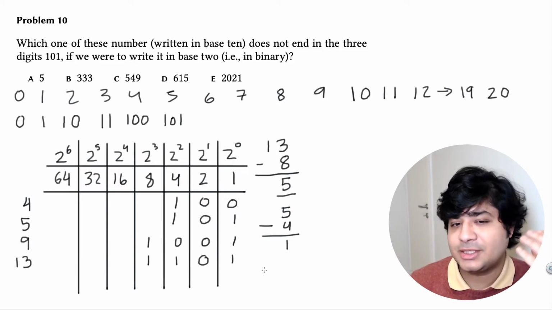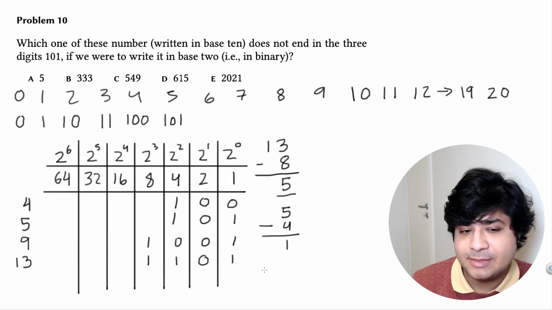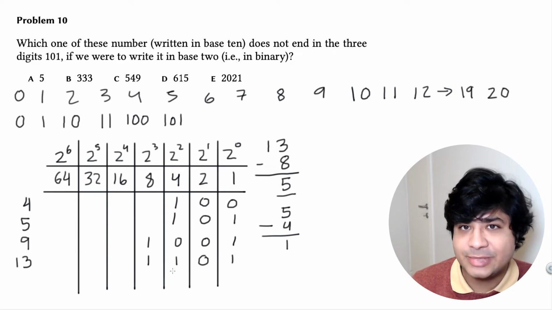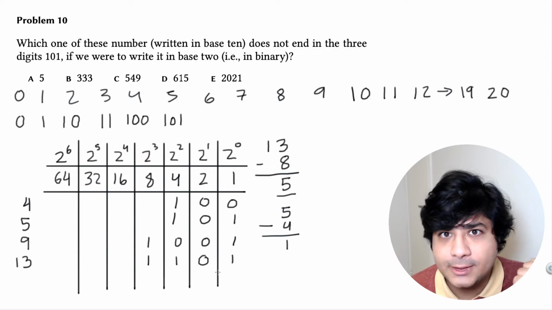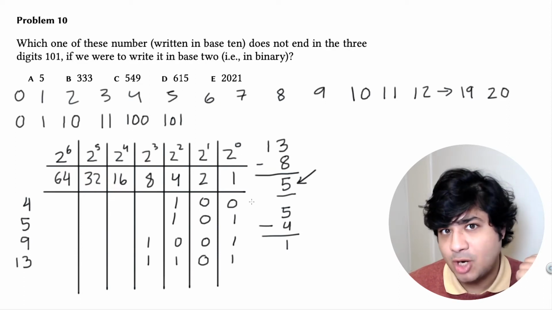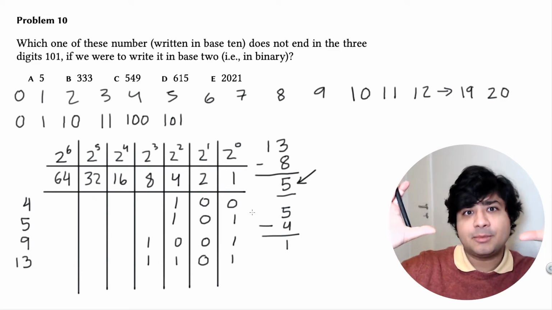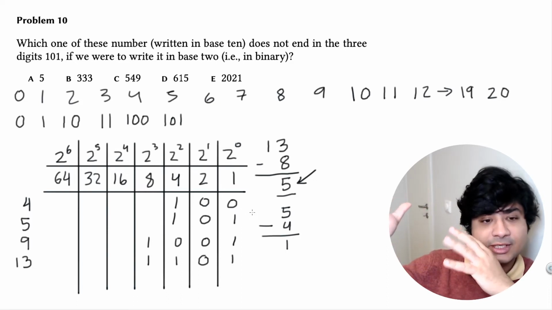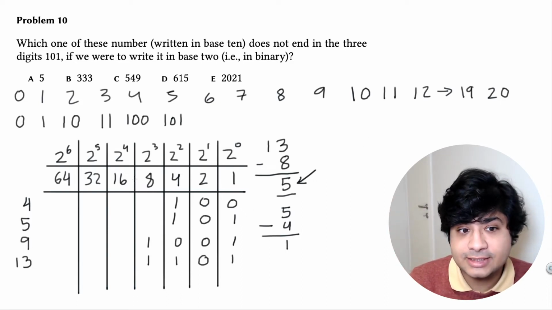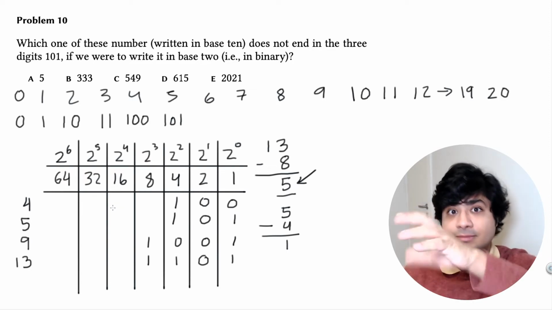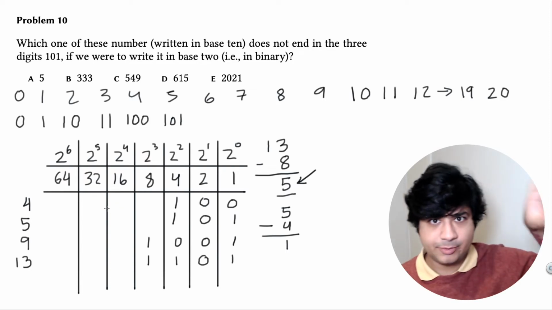So now maybe you're seeing where I'm going with this. Because what is it that determines that the last 3 digits are going to be 101? Well, that's this part right here. If you do this process of first taking the number that you're dealing with and finding the highest 2 to the power of something that fits, in this case, it was 8. And then you're saying, okay, once we've taken that, let's take that away from the main number and say that we already have one of those, right?